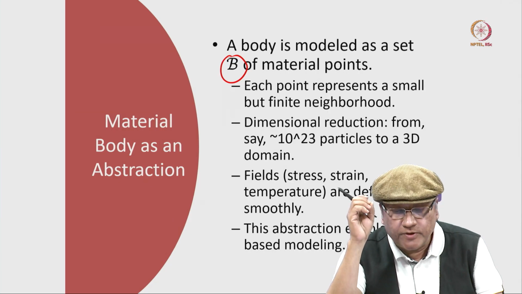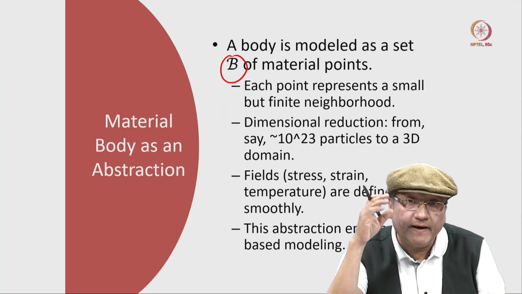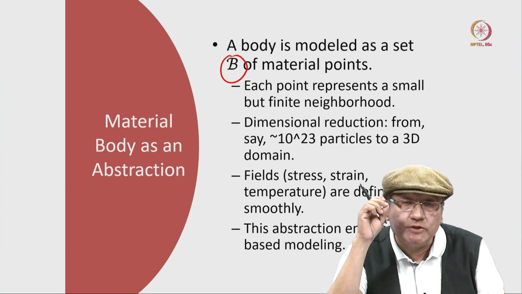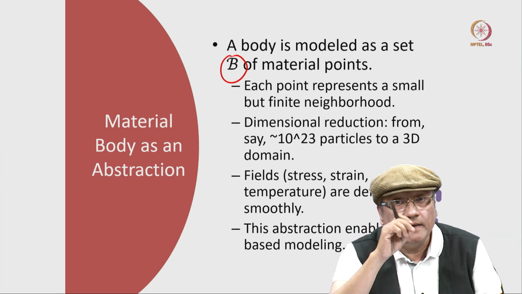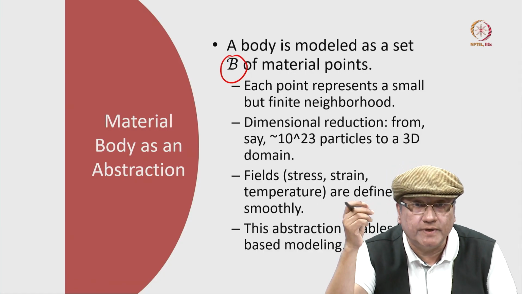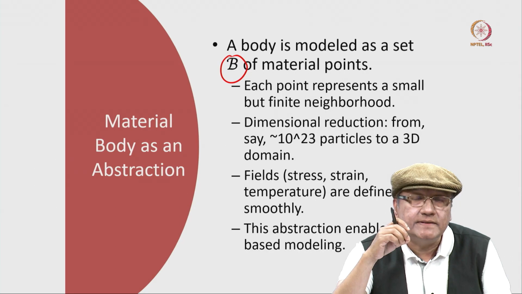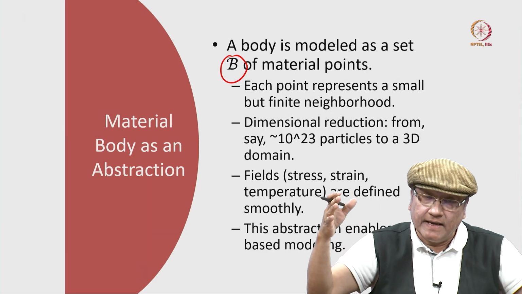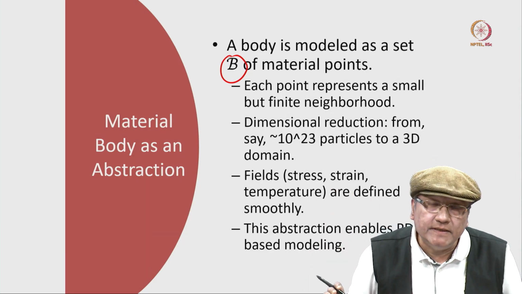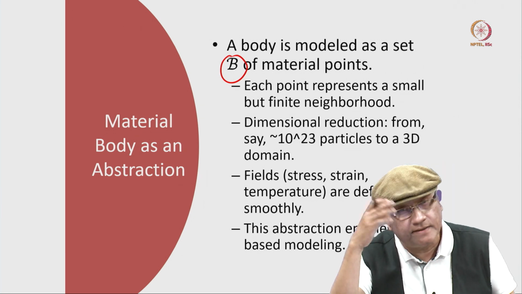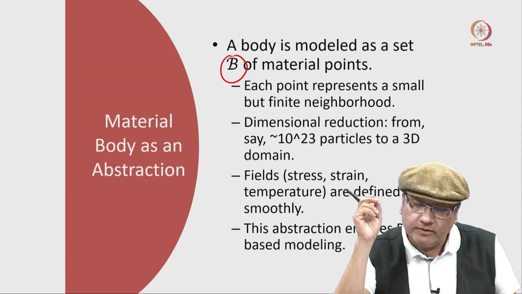Each such point represents a small but finite neighborhood. If you zoom deep inside, a point doesn't have any volume, right? But here, if you zoom deep inside, it is as if the point expands and reveals before you the microscopic structure, the atoms, the presence of dislocations and other defects and things like that, right?